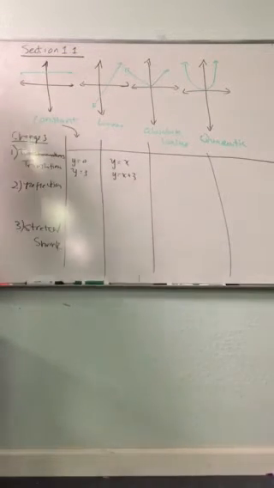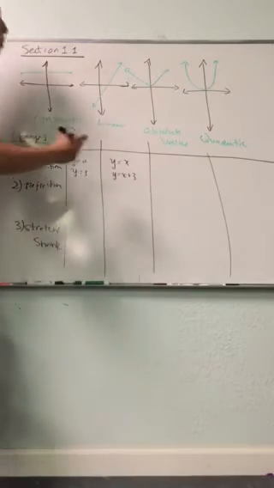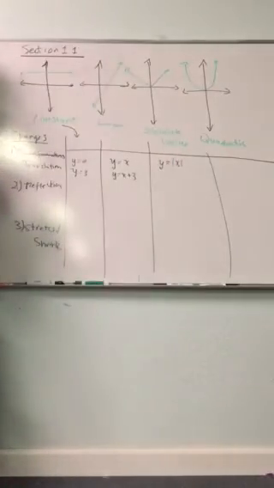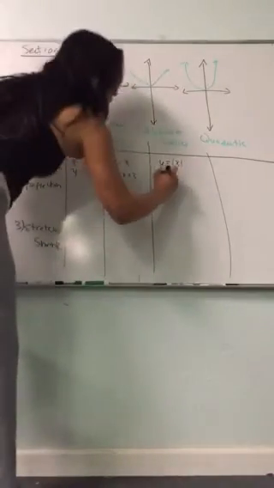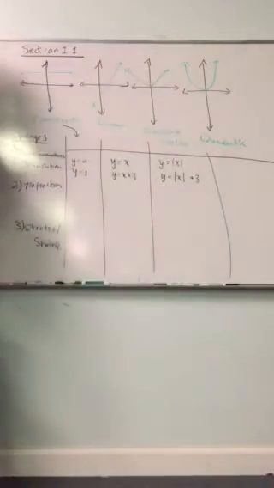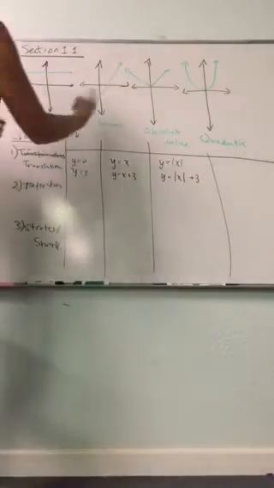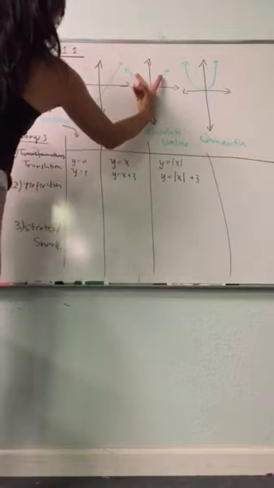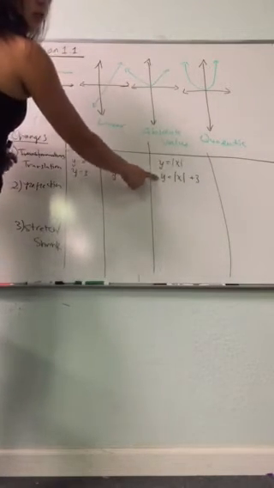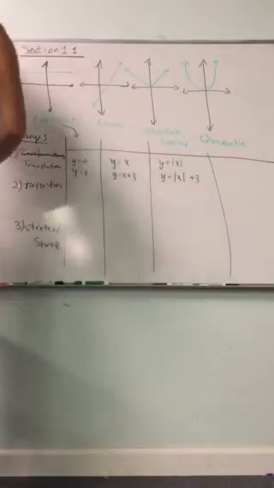All right. Same thing with the absolute value graph. The basic absolute value function can be shifted or translated by adding a constant as well. So y is equal to the absolute value of x plus 3 would be shifted up 3 units, and that's what this equation does for the graph.